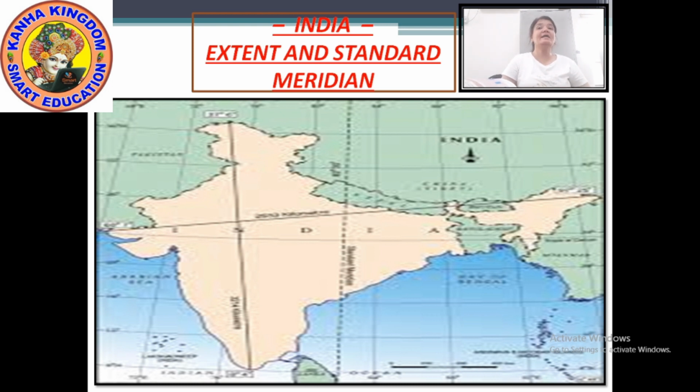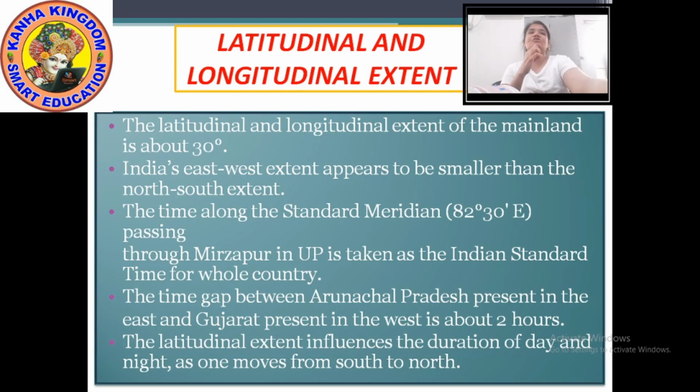Now next let us see more about the latitudinal and longitudinal extent. The latitudinal and longitudinal extent of the mainland is 30 degrees, as I have told you. The east-west extent appears to be smaller than the north-south extent. Fine. Now talking about the standard meridian.